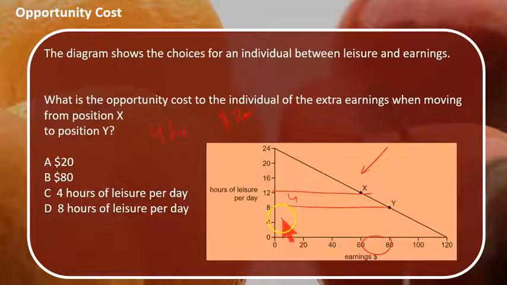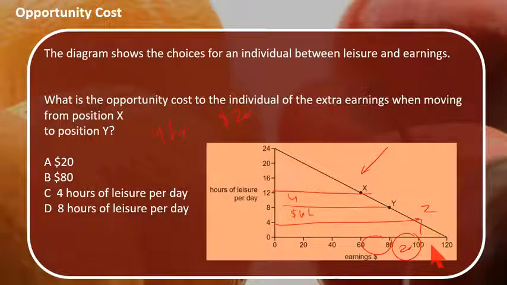It goes on same wherever you are. Let's say if I want to move from point Y to point Z, then for getting extra $20, I will have to sacrifice 4 additional hours. From 8 to 4, if my leisure hours are reduced from 8 to 4, I will be able to get extra $20. So when the production possibility diagram shows a straight line, it is called the constant opportunity cost.